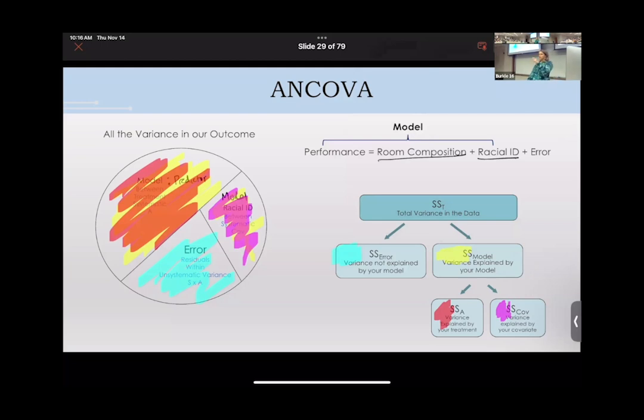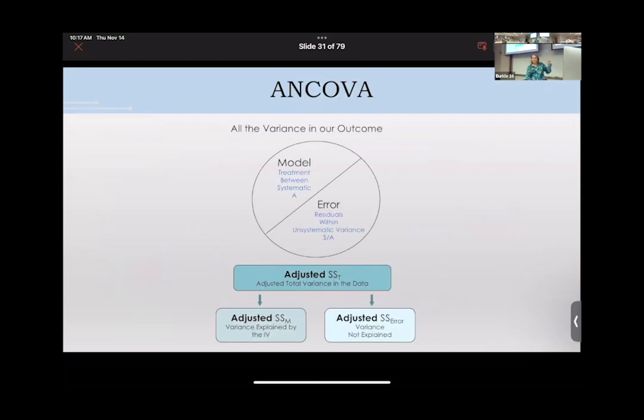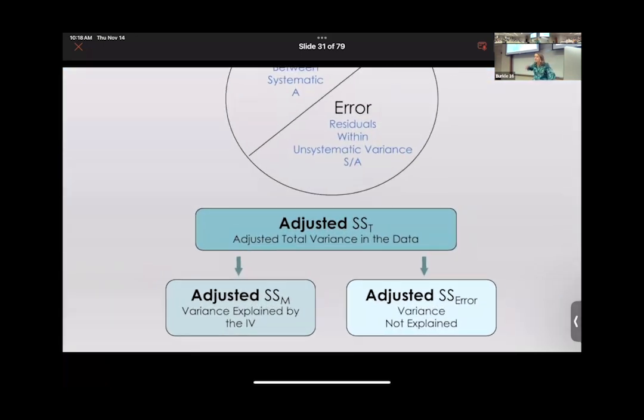The focus of the ANCOVA lecture was that ANCOVA makes 2 adjustments. So here's another way of thinking about how ANCOVA works. But instead of regular sums of squares model and sums of squares error, it starts with an adjusted sums of squares that doesn't include your covariate, and then splits it into adjusted sums of squares of your model and adjusted sums of squares of your error.